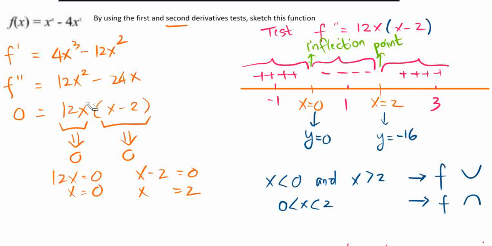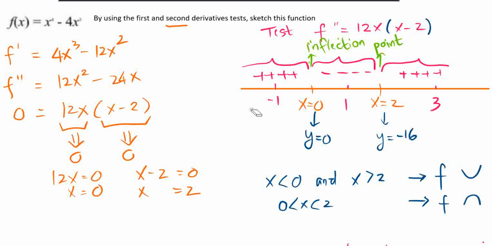If 12x equals 0, x equals 0, so the equation will be equal to 0. Or if x minus 2 equals 0, then x equals 2.